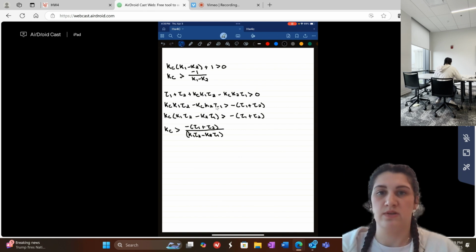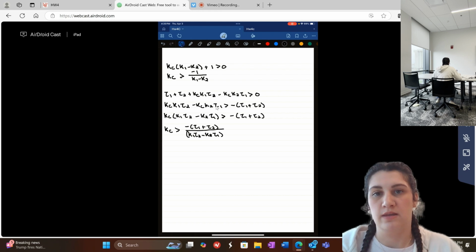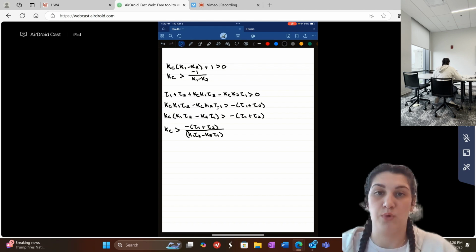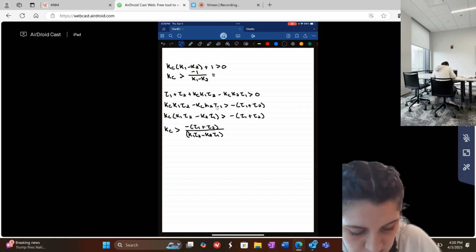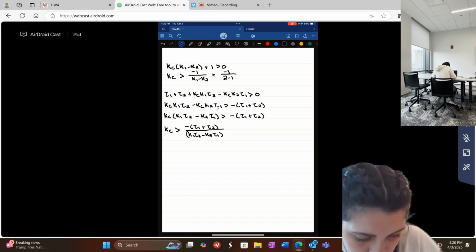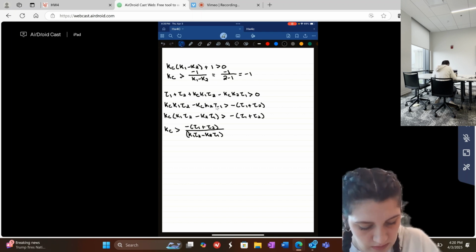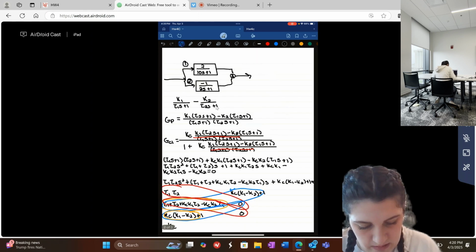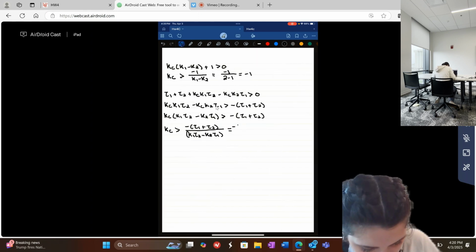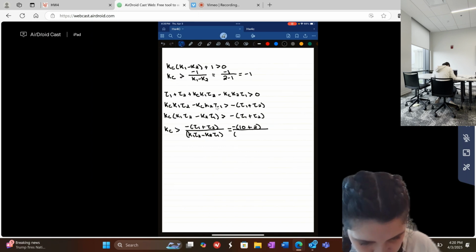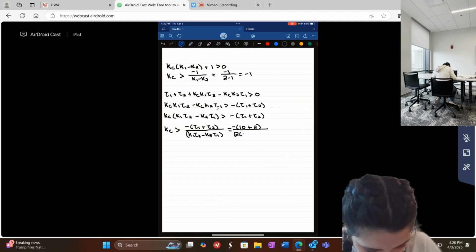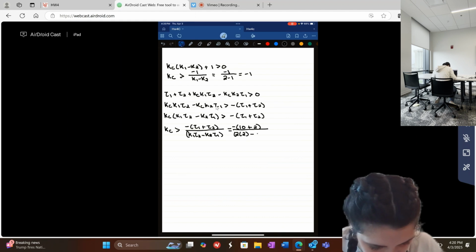Now to really get these numbers, we can just plug in the values that we were given in the problem statement, which lands us with negative 1 over 2 minus 1, which is just negative 1. Here we would have negative 10 plus 2 over 2 times 2 minus 1 times 10.